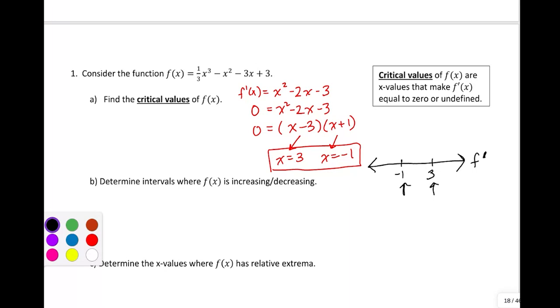Because it can only change at those partitions, whatever sign we get will be the same in the whole interval. So basically what we need to do is pick a representative, just any number in each of the intervals, plug it into the f prime, and see if it's positive or negative.